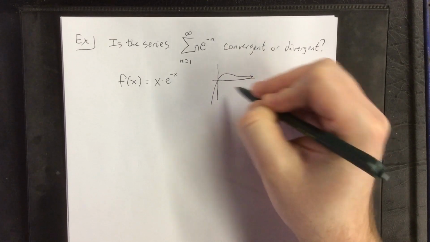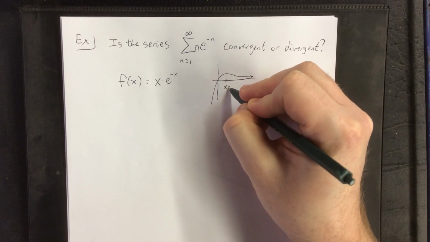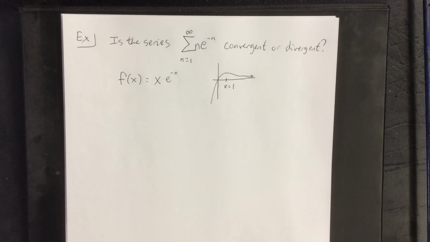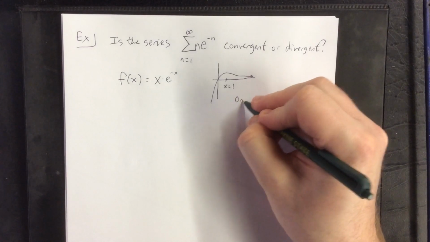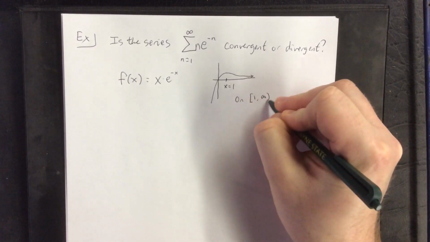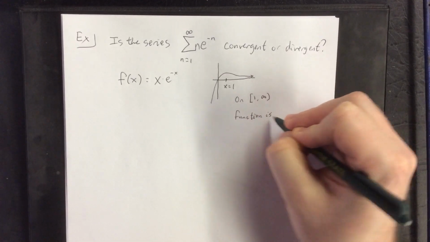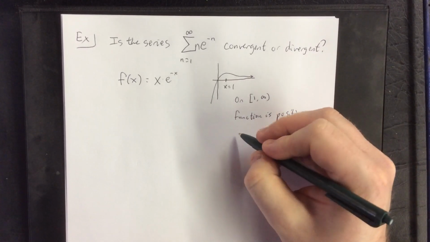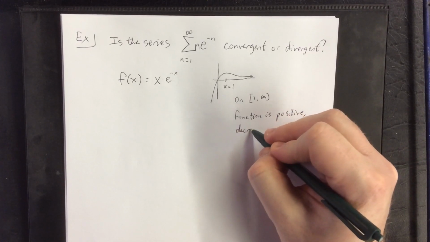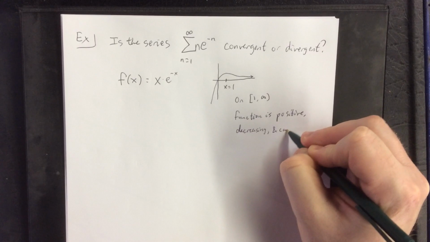It would be relatively straightforward to show that the critical point for this function occurs at x equals 1. Therefore, on the interval from 1 to infinity, the function is positive, decreasing, and continuous.